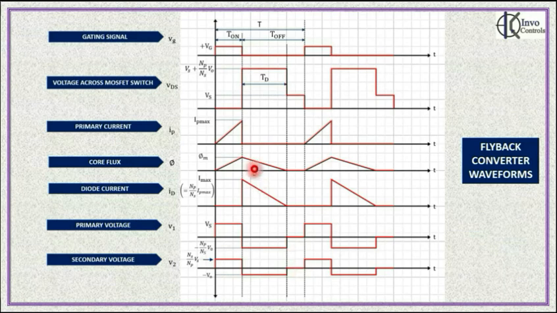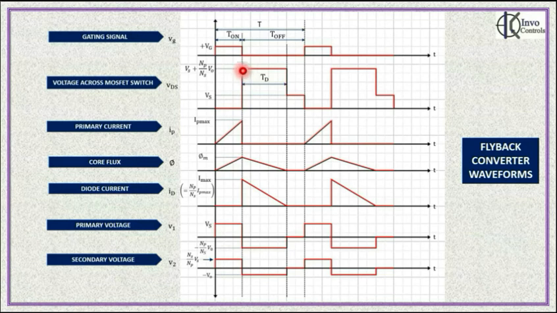Now let's discuss the voltage across the switch, the MOSFET switch. At the instant T equal to T on, gate low, the MOSFET switch is at a level, as you can see, Vs plus Np upon Ns into Vo.